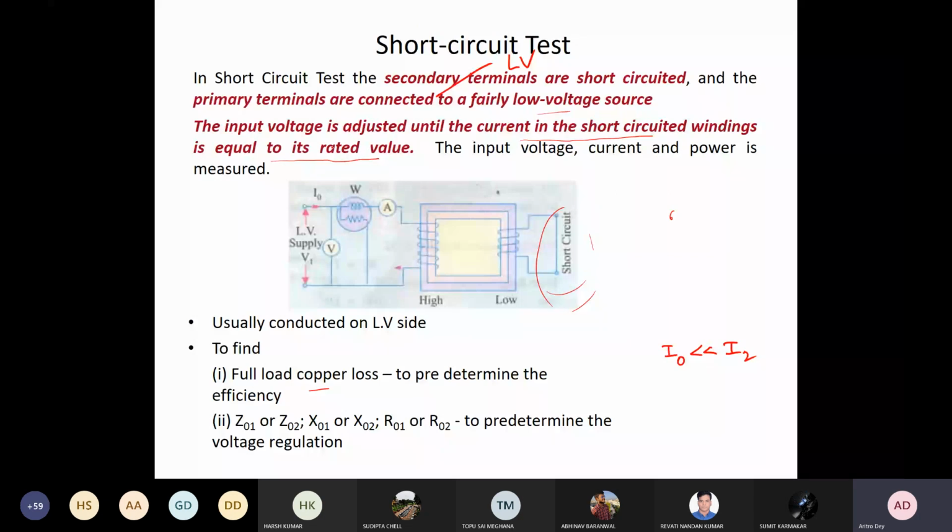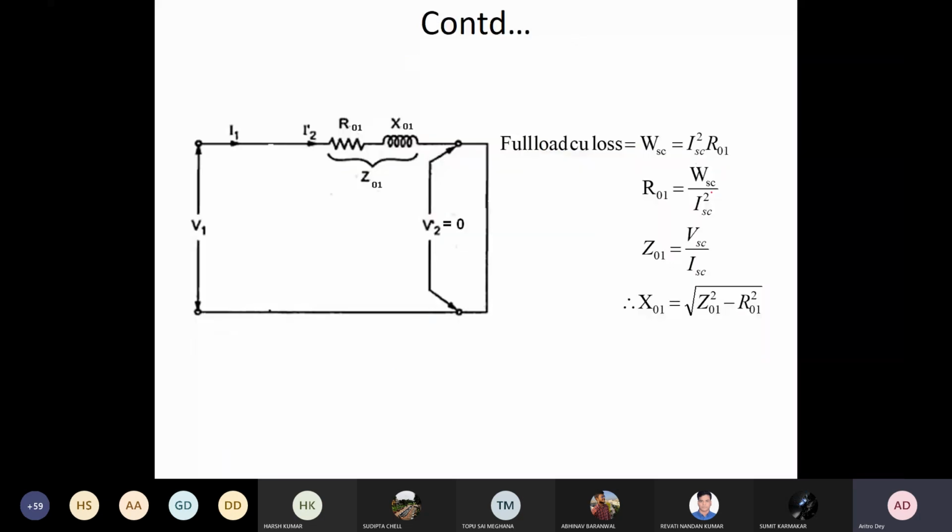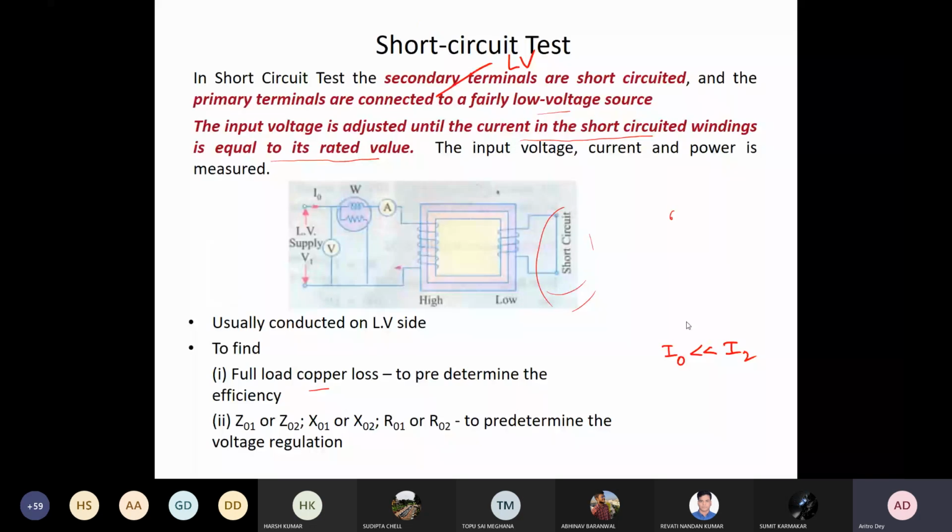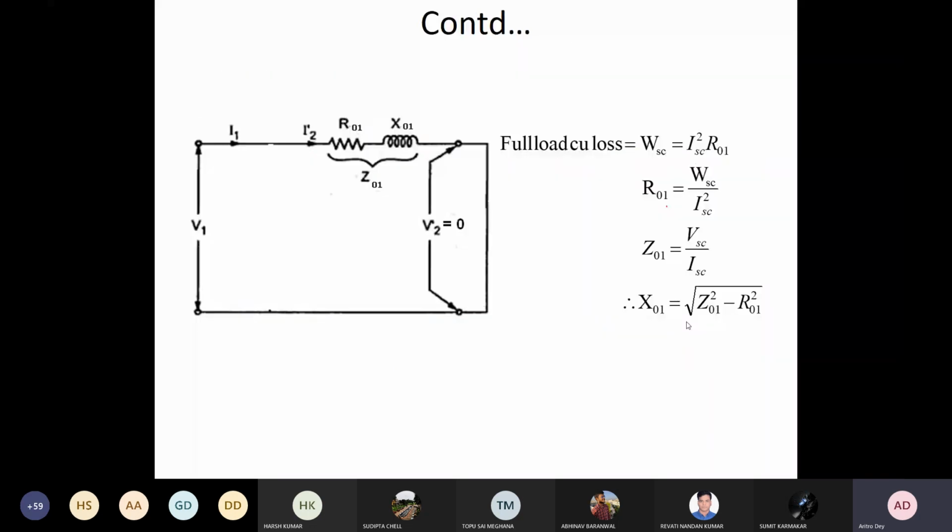From the wattmeter and ammeter readings, you can find out your R01, and if you divide VSC by ISC, you will get the impedance. Then from there directly you will get your reactance. Once you are done, you have both your R0 and X0, which are the core loss and magnetizing components, and you have your R01 and X01. So this is how you can get your circuit parameters.